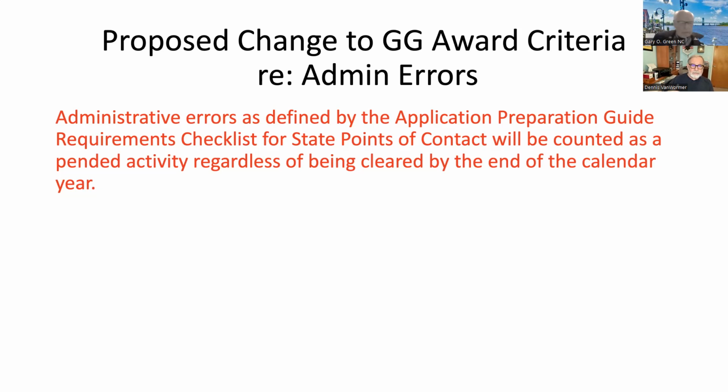But in this case, admin errors do not count. You can't clear them. Whatever they are, they're counted as pending, even if they're cleared by the end of the year. So an admin error, my understanding is, counts against the state, regardless of when it's cleared.